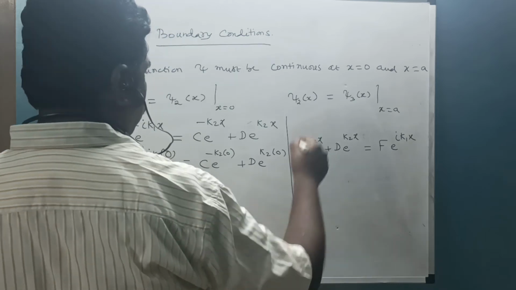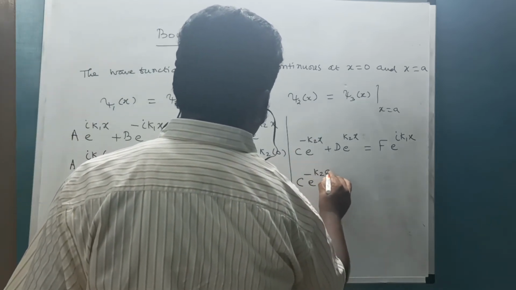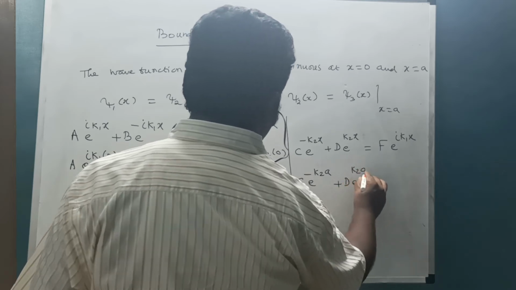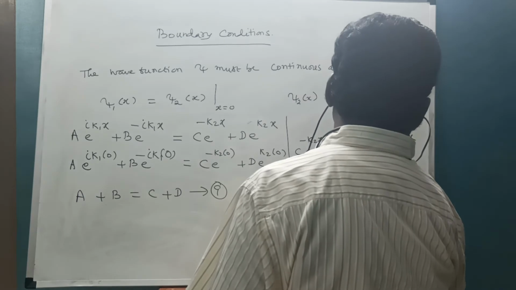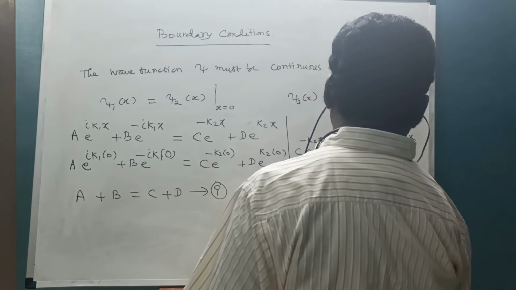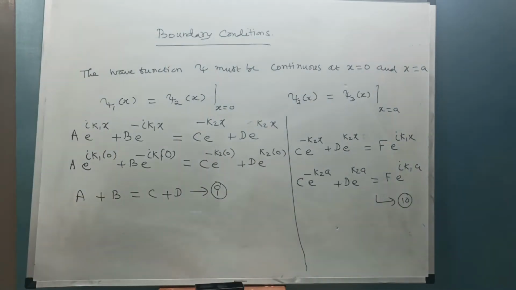If we put x equal to a, then c e^(-k2a) plus d e^(k2a) is equal to f e^(ik1a). This is equation number 10. We have just applied this in the direct way.